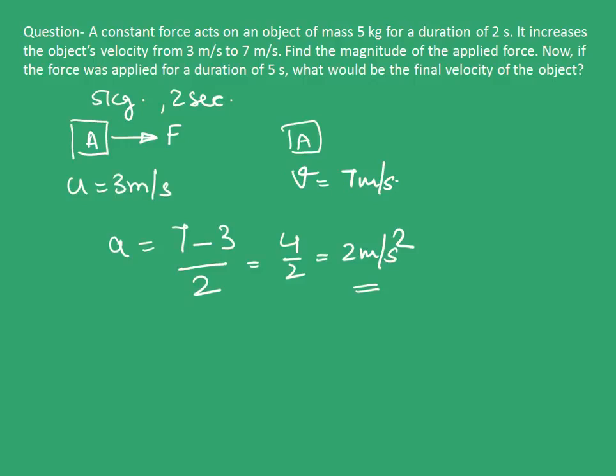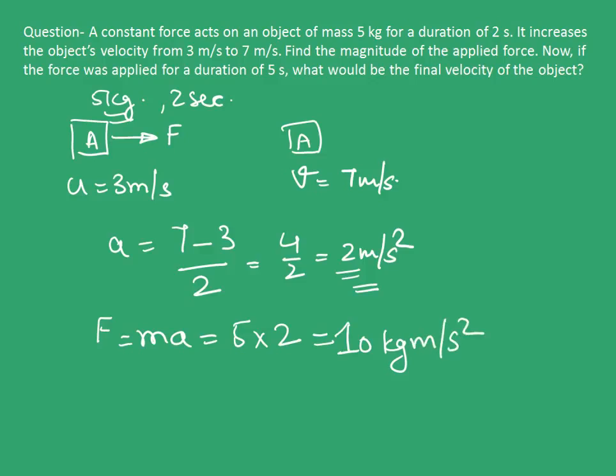Now we have been asked to calculate the magnitude of the applied force. So what we learned was force equals mass into acceleration. Mass of the body is 5 kg, so 5 into acceleration, which we found equal to 2. So the answer will be 10 kg meter per second square.